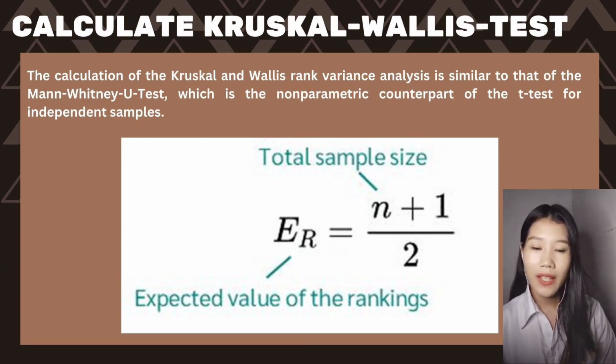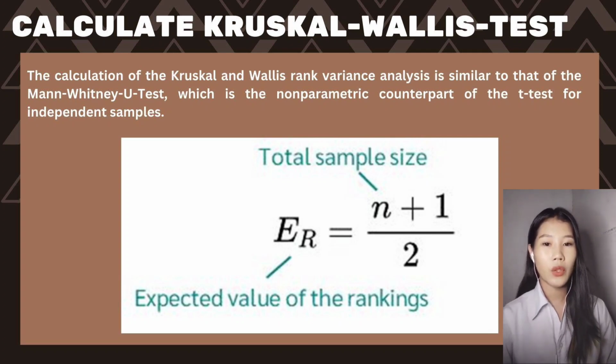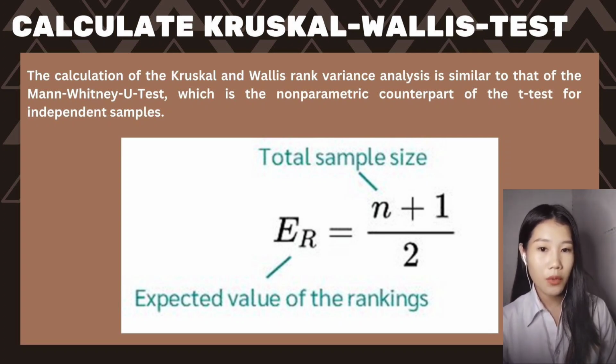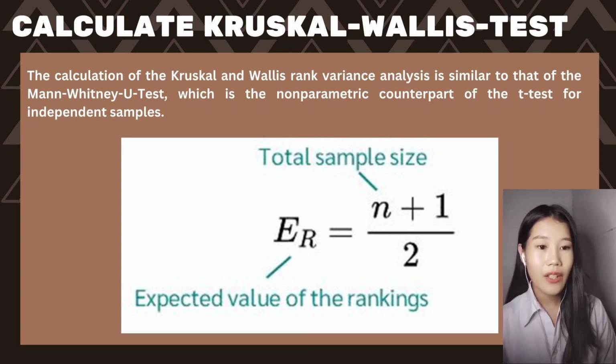Okay, so let's say na tama yung null hypothesis and no difference between the independent samples. Then the high and low ranks are randomly distributed sa mga samples and should be equally distributed sa mga groups. Okay, so therefore, the probability that a rank is assigned to a group is the same for all groups.